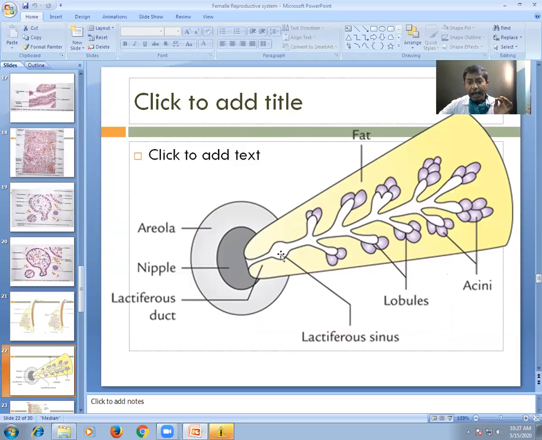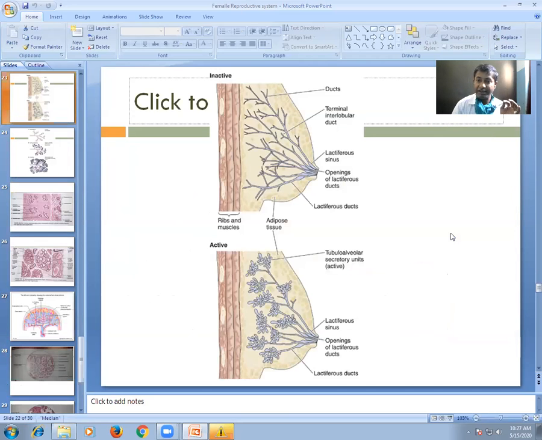Then at the end of the lactiferous duct there is a dilatation known as the lactiferous sinus, and this duct has lobules, and each lobule has acini. There are two types of mammary gland, the inactive mammary gland, meaning the mammary gland before pregnancy, known as the inactive gland.